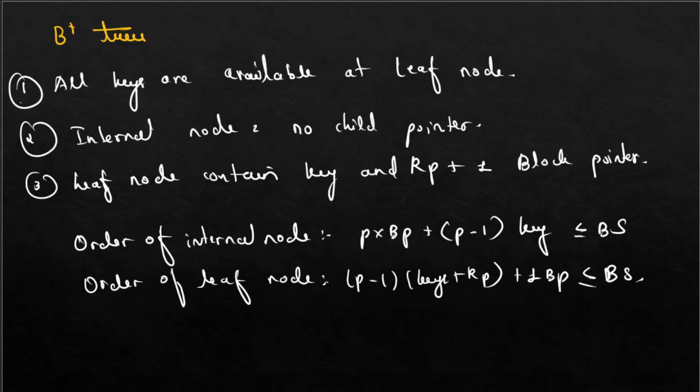So the split of an internal node is the same as in B tree, but the split of a leaf is different in B plus tree. B plus tree is best suited for sequential access over a range of records. When there is a range of records, then B plus tree is good.